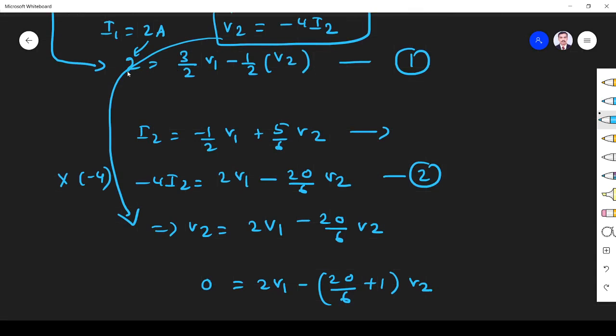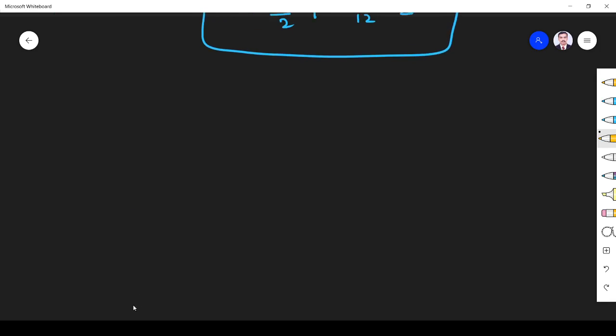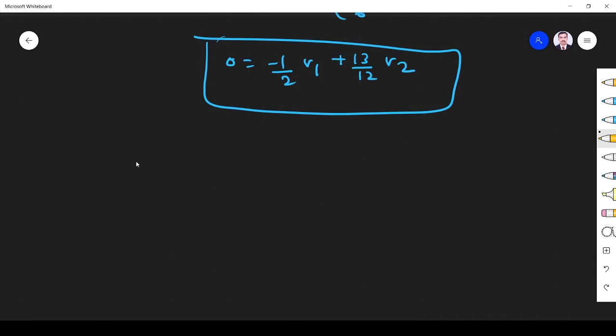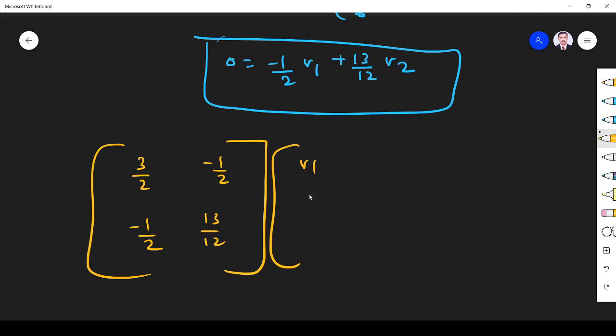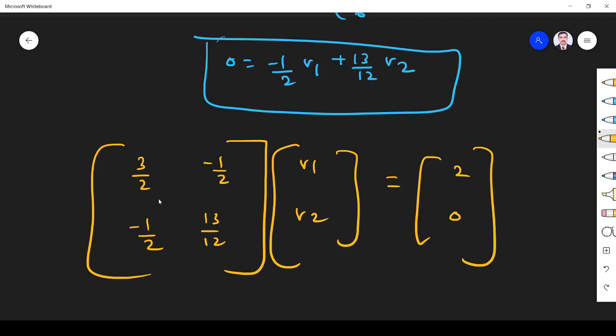Here we have a 2 on the left hand side, and the right hand side is 3 by 2 V1 minus 1 by 2 V2. Here it is minus 1 by 2 V1 and 13 by 12 V2. So in V1, V2 format, that is equal to 2 and 0. Now we can find V1 and V2.